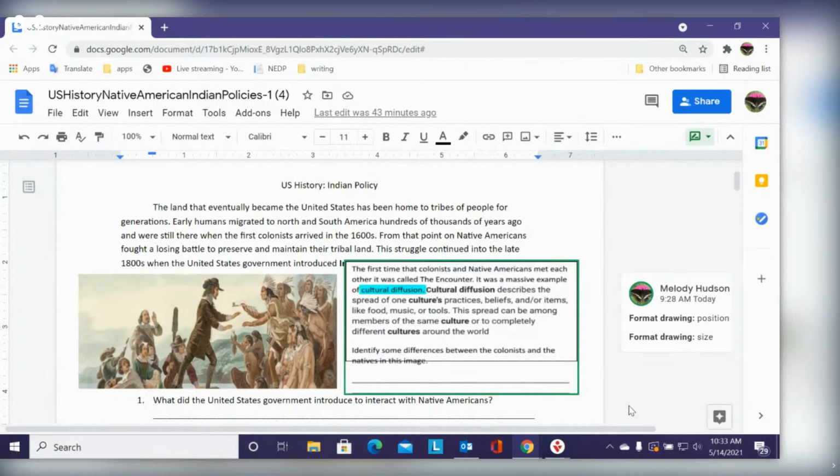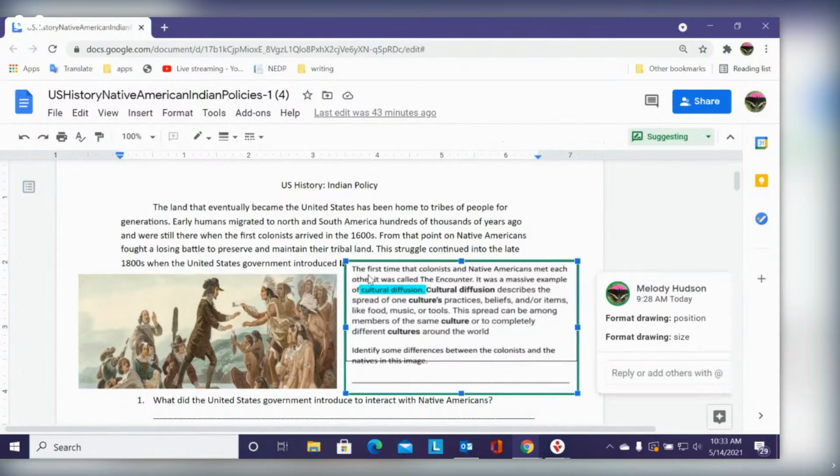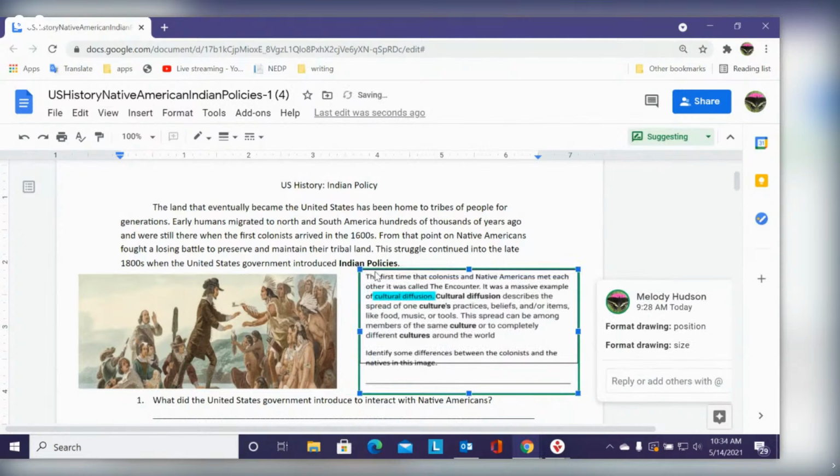And from that point on, the Native Americans or original people fought a losing battle to preserve and maintain their tribal land. And this struggle continued into the late 1900s until the government produced the Indian policies.